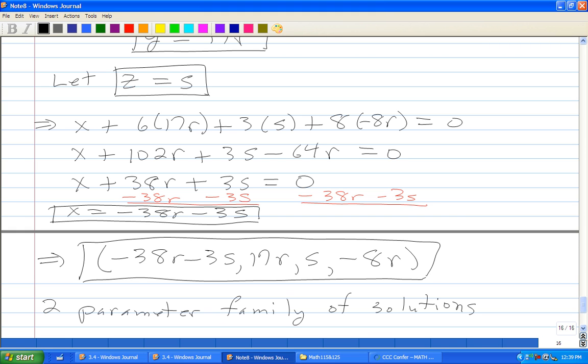And so this is for all R and S. Any questions about that? So this would have been fairly intractable if we tried to do it just in our previous notation.